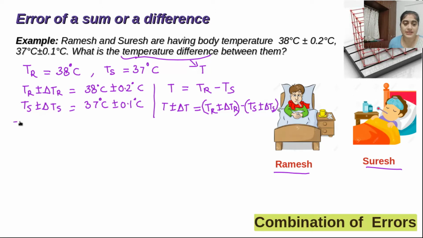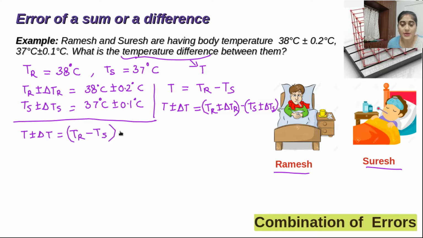So here I will start. T plus minus delta T equals TR minus TS, and plus minus delta TR plus minus delta TS. When we put the minus outside the plus minus, it becomes minus plus, but finally it is the same symbol plus minus, because it takes both the plus and minus symbols.